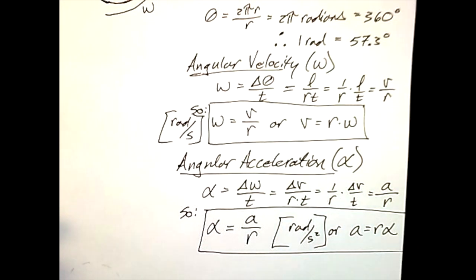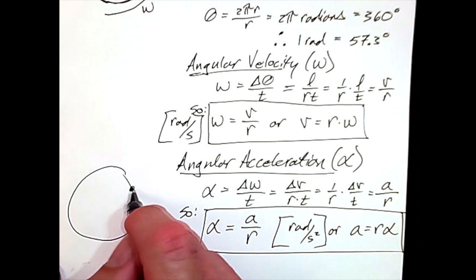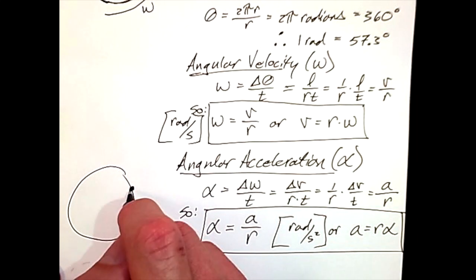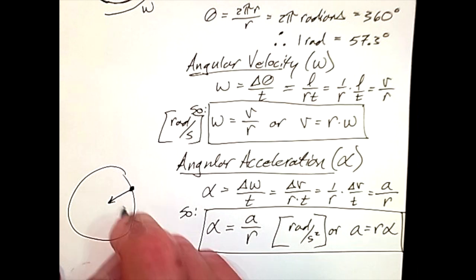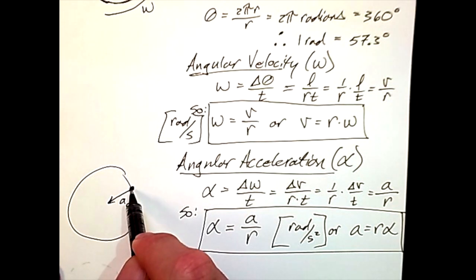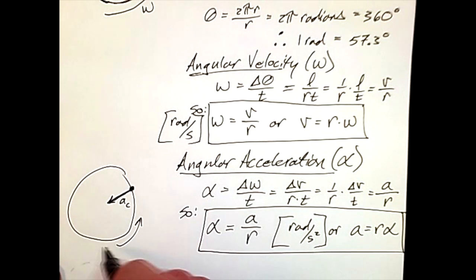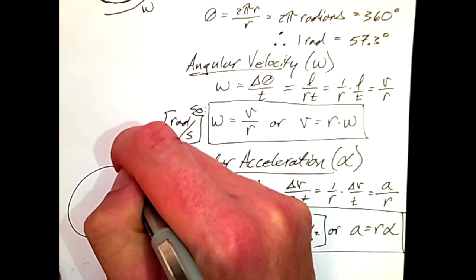Now, we haven't talked too seriously on our circular motion characteristics, so I want to make sure we have this clear. This is our circle. The object at this point is now accelerating this way, which we've already seen as our centripetal acceleration, AC. So if we had a circular system that, as we saw above, at this position we've already studied that this would have a centripetal acceleration focused towards the center. But now, if I'm pushing on this and causing this to spin faster and faster and faster, then I'm also accelerating it tangentially this way.